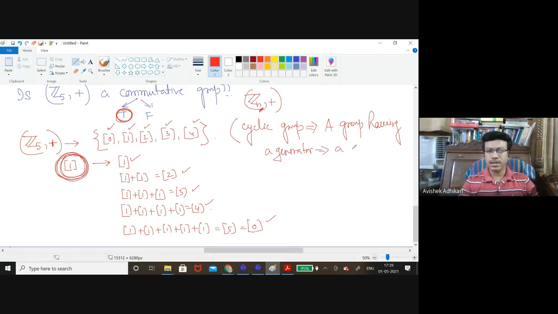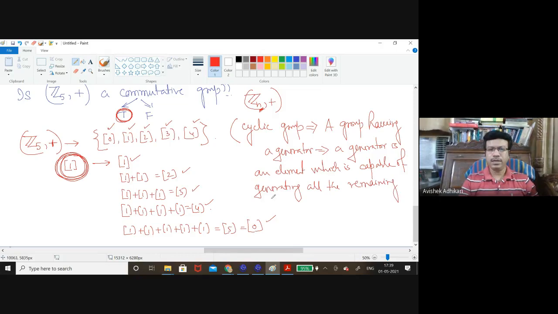A generator is an element which is capable of generating all the remaining elements of the group.